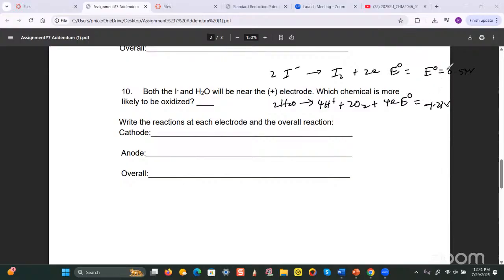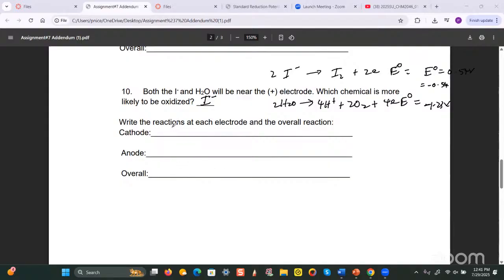So in this case, we're comparing minus 0.54 volts to minus 1.23 volts. So which one is higher? Exactly. So basically, it's the iodide that would preferentially undergo oxidation at the anode, right?